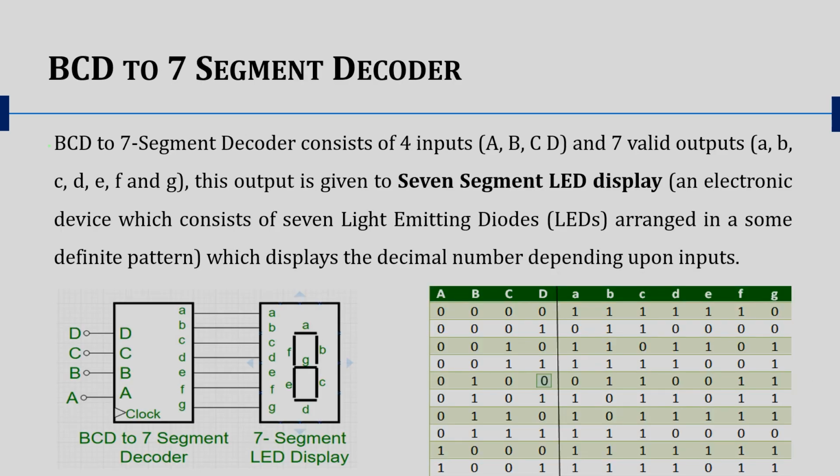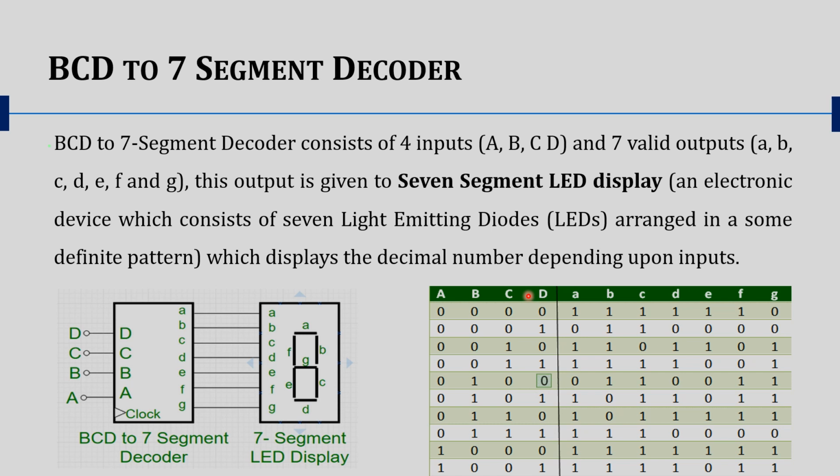Now we discussed N to M decoders, that is 1 to 2 decoder, 2 to 4 line decoder, 3 to 8 line decoder, 4 to 16 line decoder. Fine. Now let's discuss special types of decoders. BCD to 7 segment decoder. BCD to 7 segment decoder consists of 4 inputs A, B, C, D and 7 outputs A, B, C, D, E, F and G. This output is given to a 7 segment LED display.